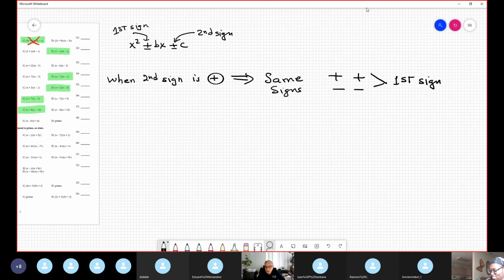The logical sign. Okay? An example to understand this idea is x squared minus 5x plus 6. The factorization is open two parentheses, x, x, 3 and 2, minus minus, no?